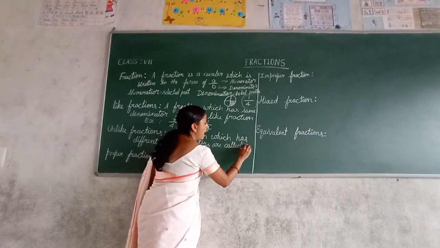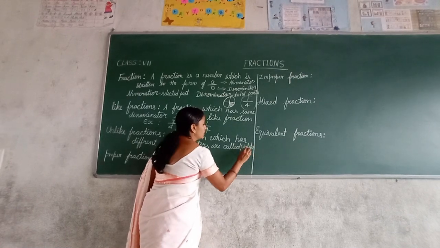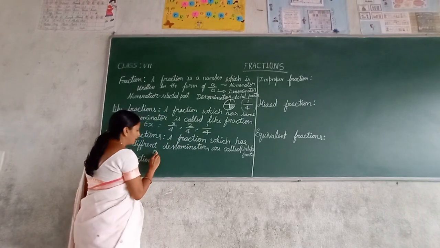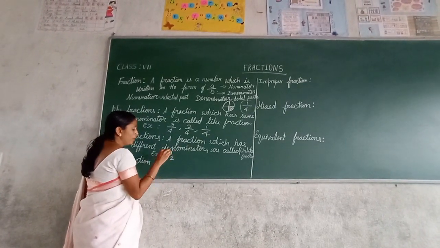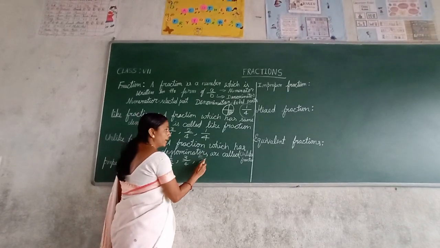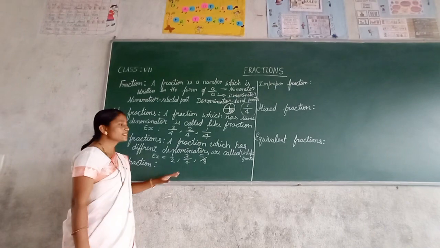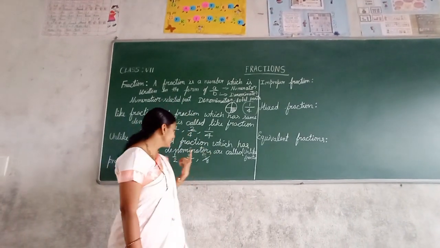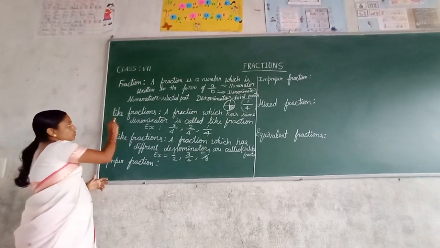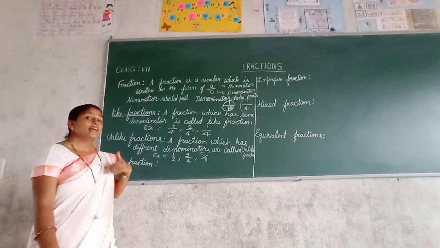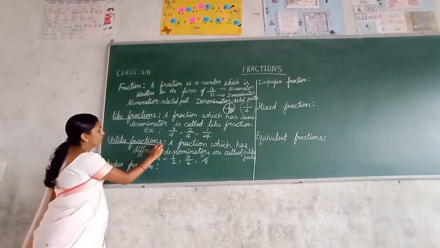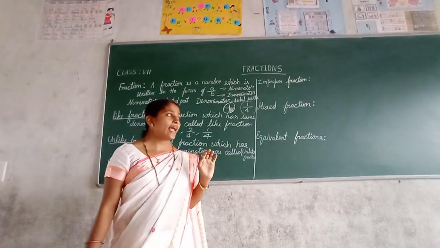For example, 1 upon 2, 3 upon 4 or 5 upon 8. These are called unlike fractions because their denominators are different. Hope you understood. Like fractions have the same denominators. If the denominators are different, then you call it an unlike fraction.